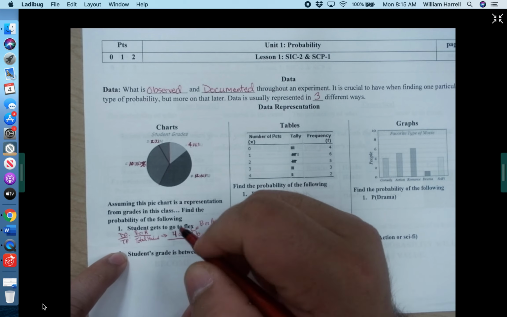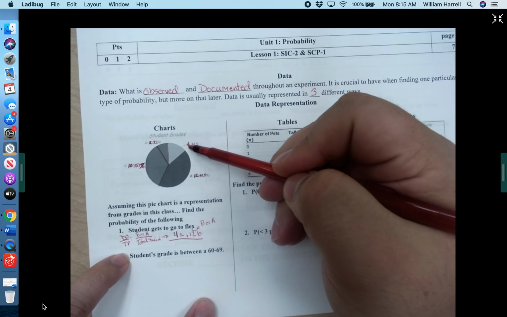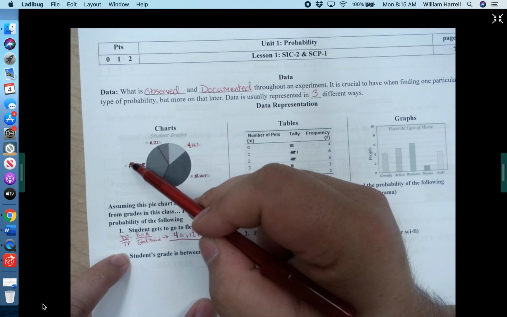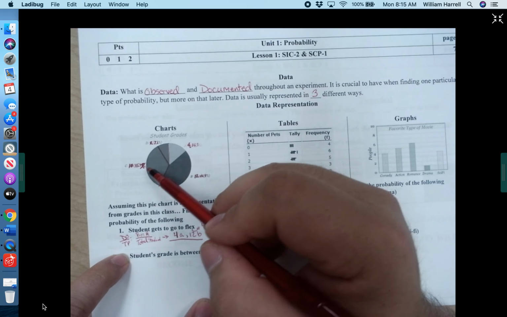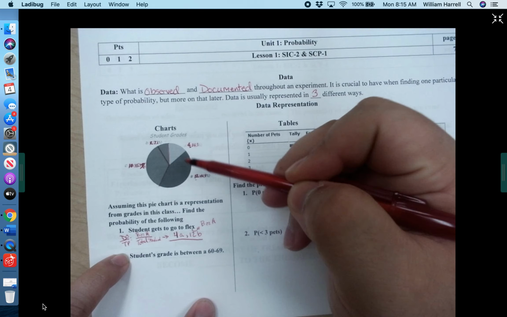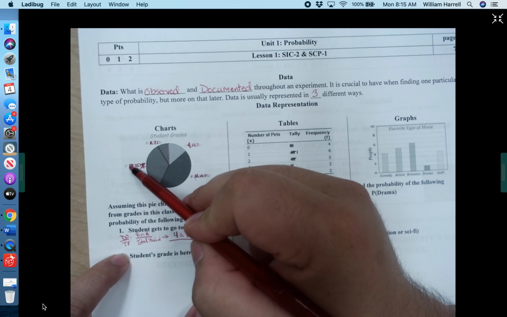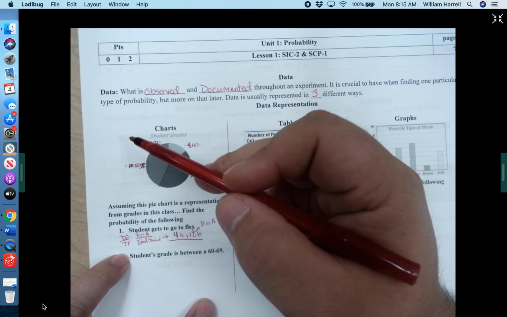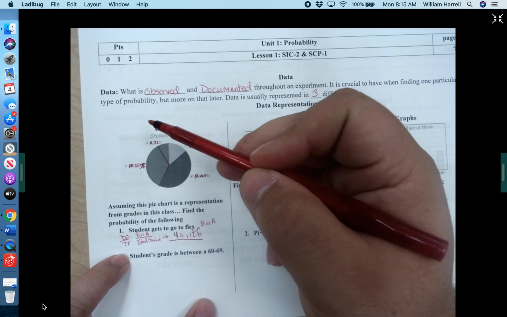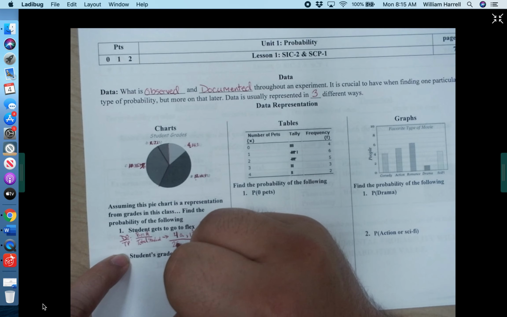And total possibilities. Again, 4 kids with A's, 12 with B's, 10 with C's, and 2 with D's. Okay, so 4 plus 12 is 16, plus 10 is 26, plus 2 is 28.